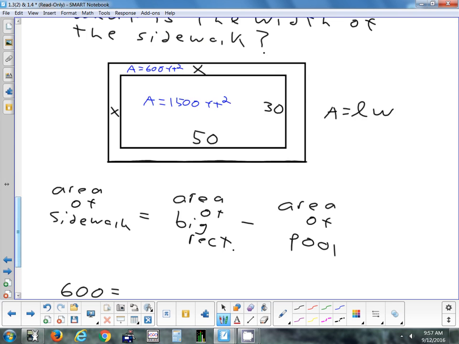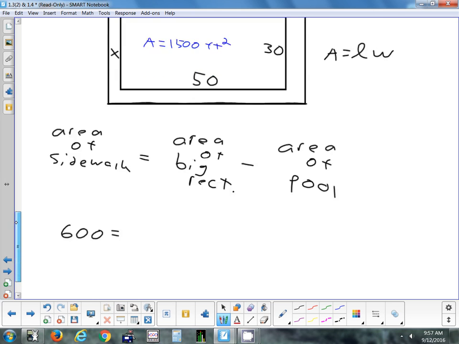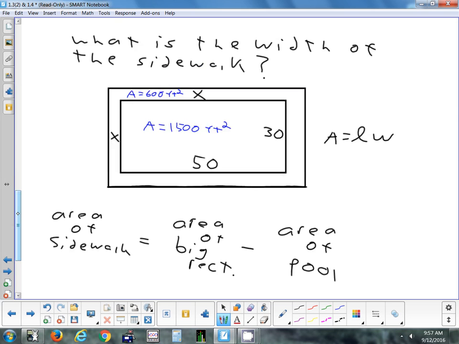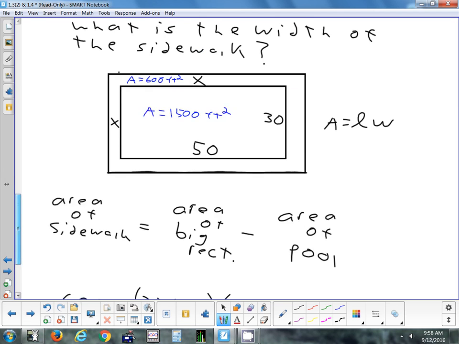Because you've got the pool, which is 50, plus the width of the sidewalk on each end, which is x and x. So it's 2x plus 50. Multiply that by the width of the big rectangle, which would be how much? 2x plus 30.